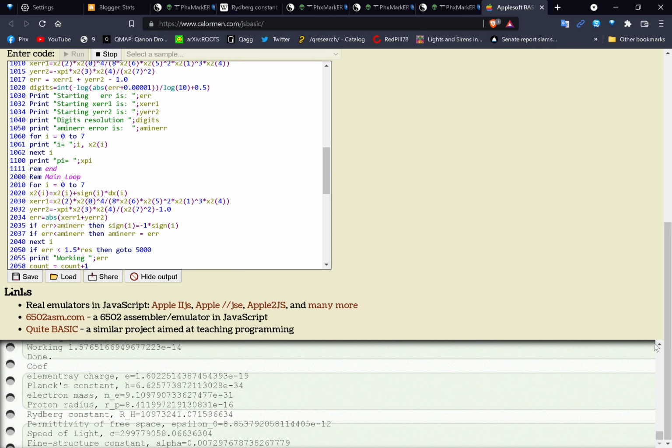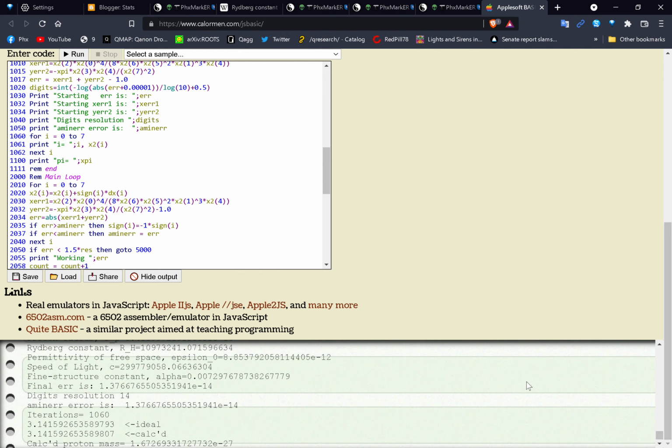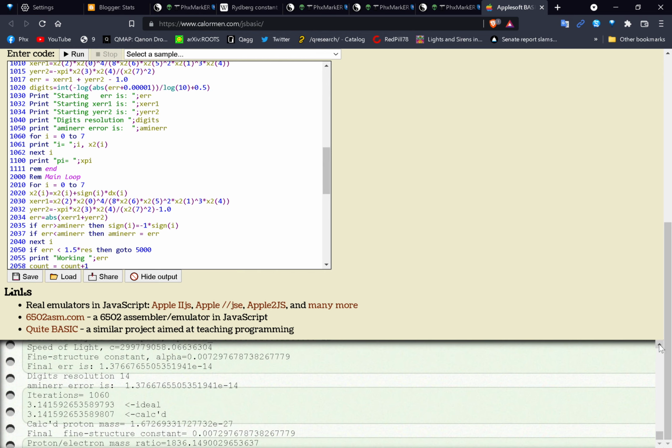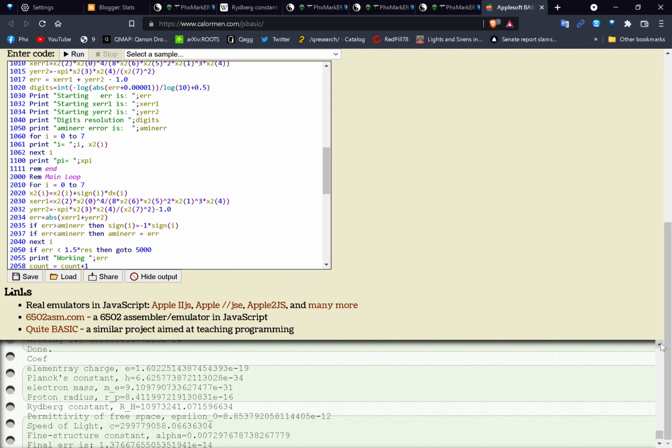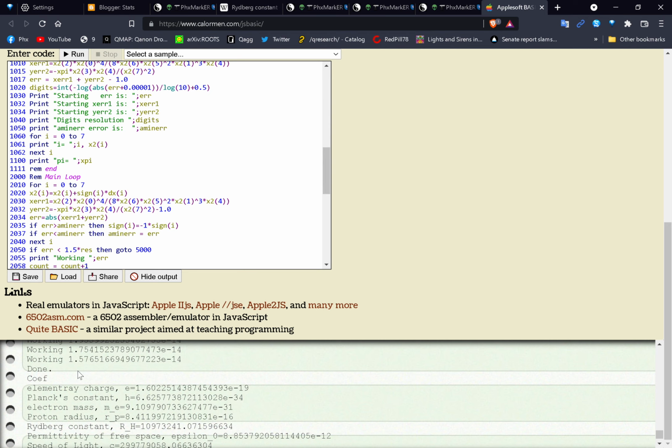So this, let me just show. When it's done, it prints out, that's whenever the error is small enough, about 1 to the minus 14th, so I call that 14 bits, or 14 digits of accuracy. So anyways, it'll print out the elementary charge.